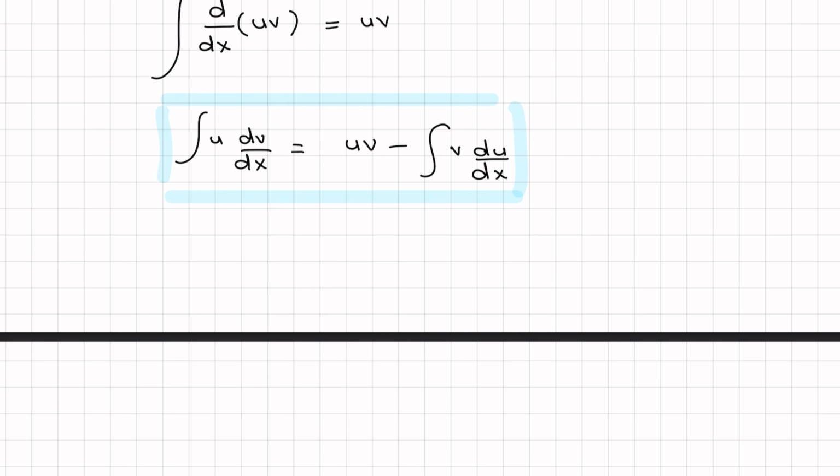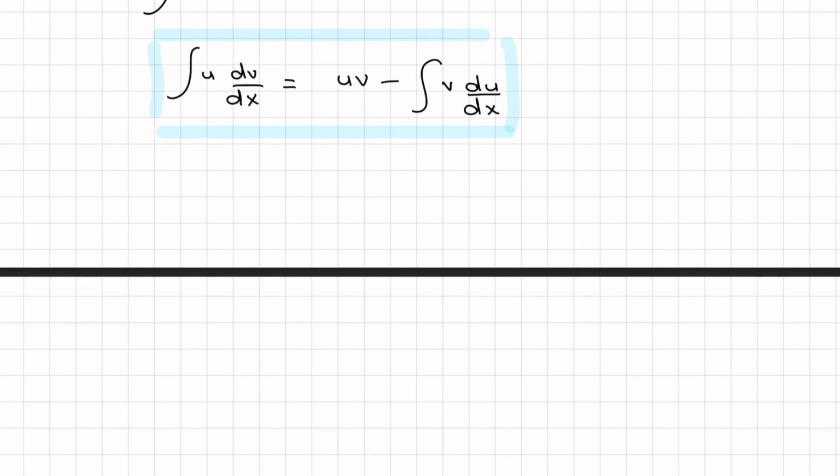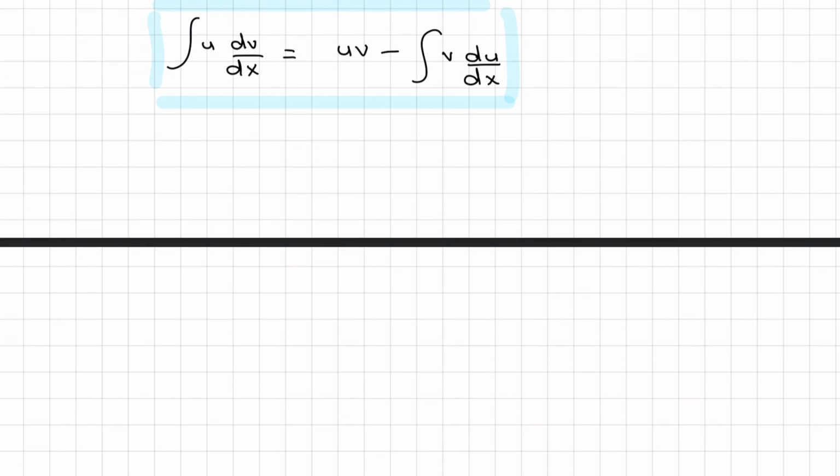Now, how do you apply this formula to actually integrate something? Well, I'm going to walk you through an example so that you get the hang of how to apply this formula. Let's say we're trying to integrate x cos x dx.